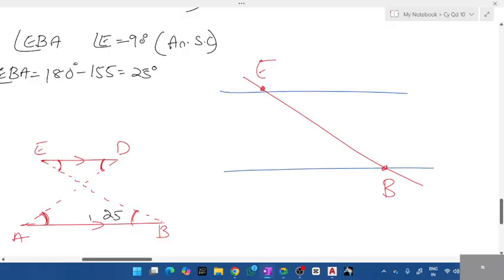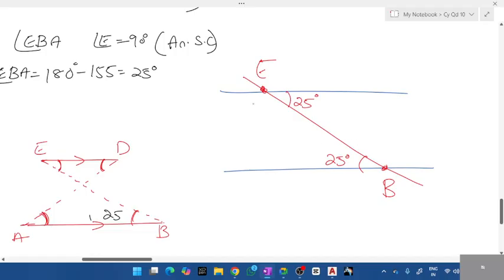So interior alternate, students, 25 degrees. If this is 25, angle E also should be 25. This is the interior alternate angle concept. Interior alternate.